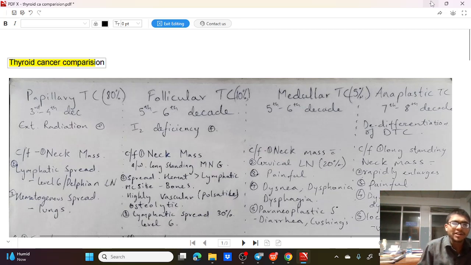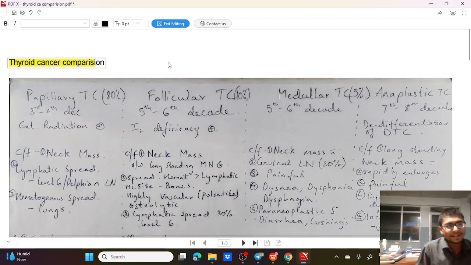These are the differentiated ones. In the undifferentiated, we have the anaplastic thyroid cancer, and among others, we have medullary thyroid cancer, thyroid lymphoma, thyroid metastasis, and others. So this was all about the classification of thyroid cancer.